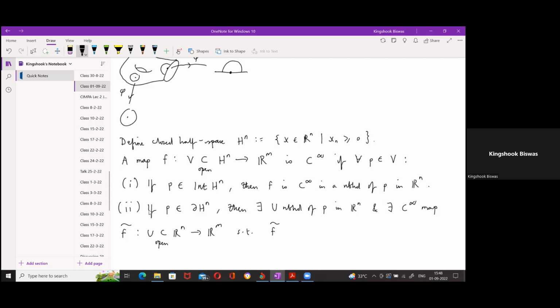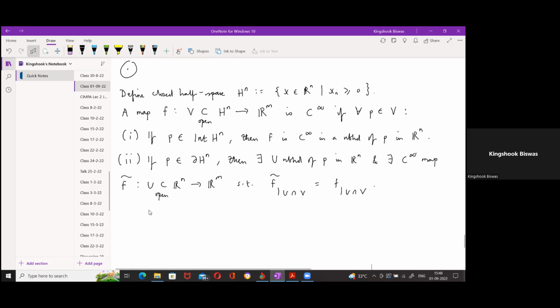So f tilde restricted to U intersect V is equal to f restricted to U intersect V.